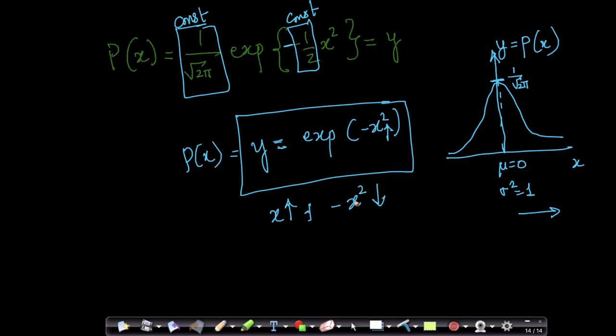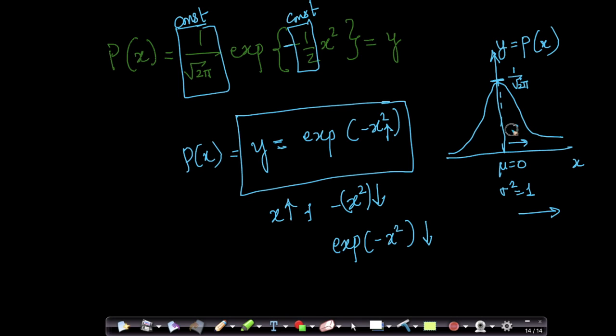As minus x square reduces, exponent of minus x square is also going to reduce. So the first thing is, as x goes away from 0, as x goes in this direction, your y is going to reduce, as you see in this plot.